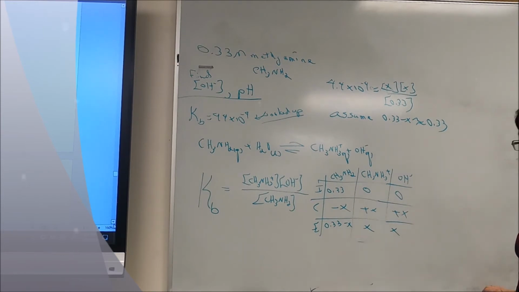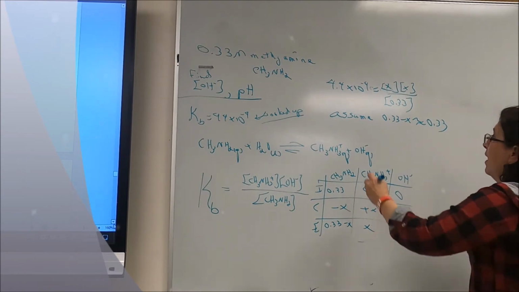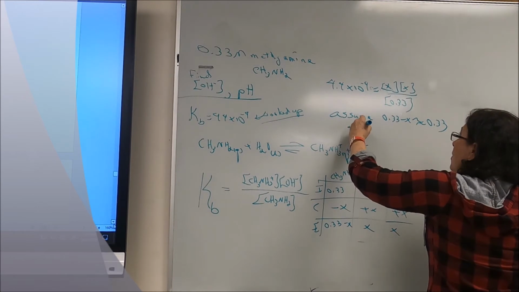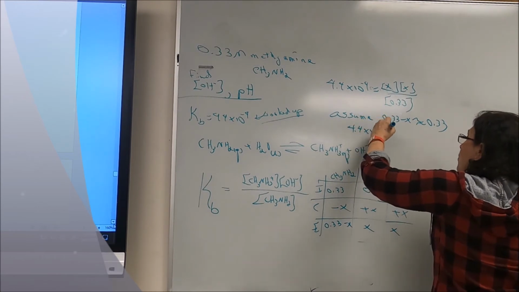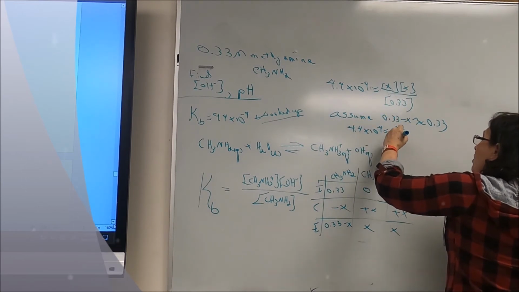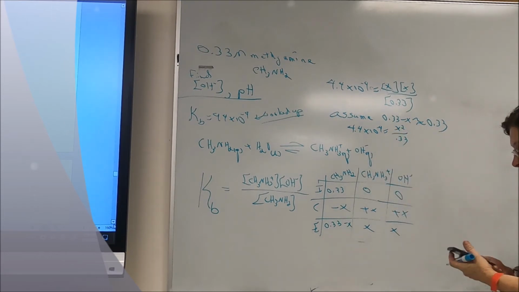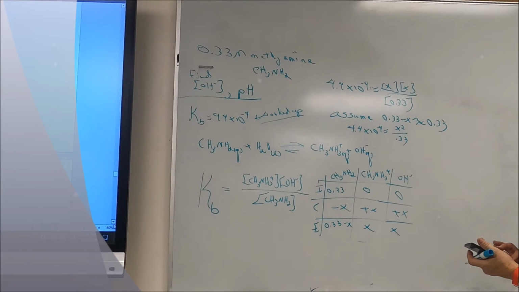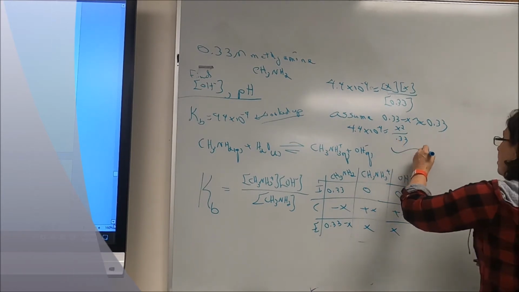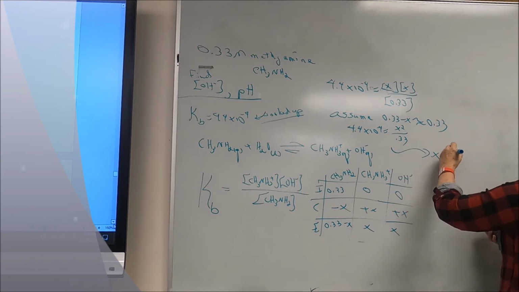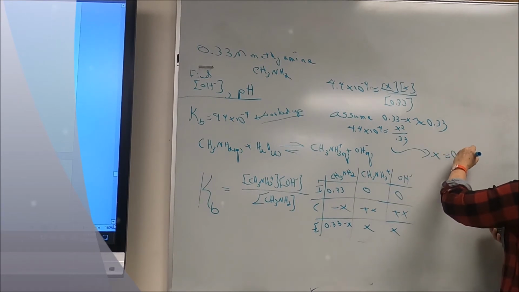It's pretty close, but I'm going to assume anyway. If I do that, I get 4.4 times 10 to the minus 4 is equal to x squared over 0.33. So 4.4 exp negative 4 times 0.33, take the square root. So when I solve, I get x is 0.022.